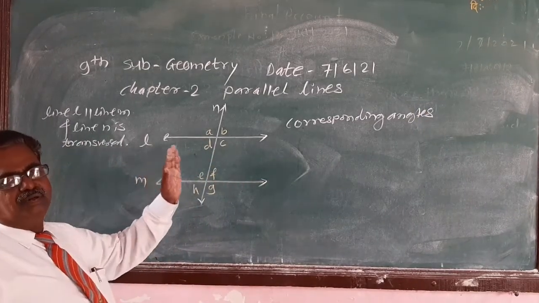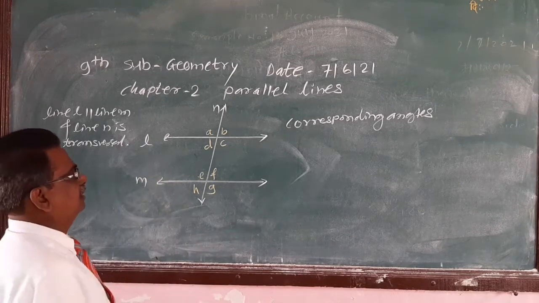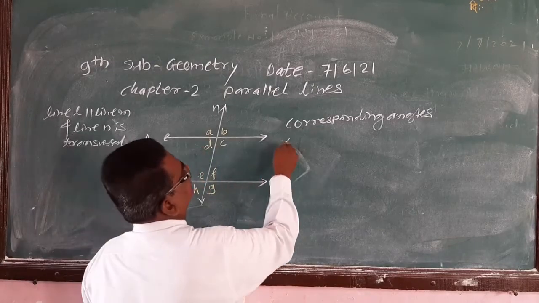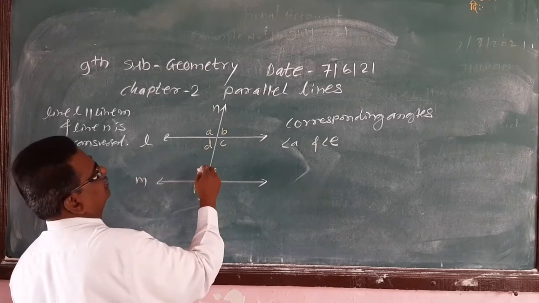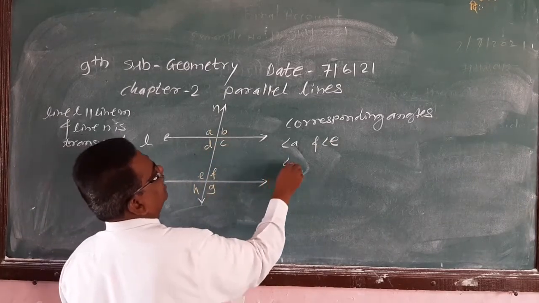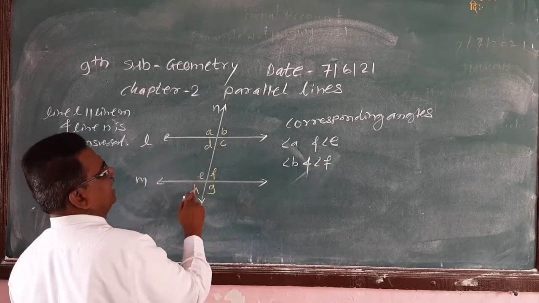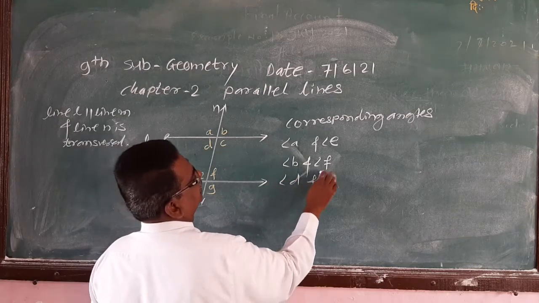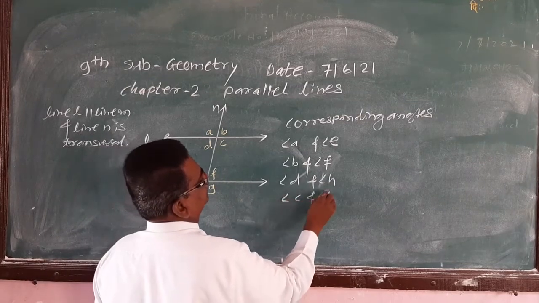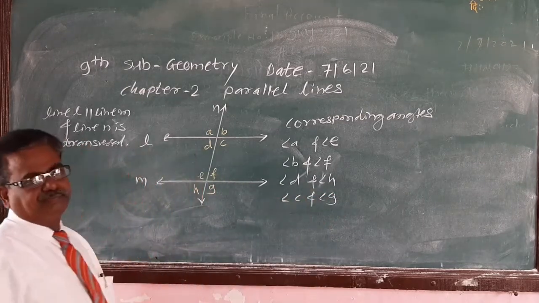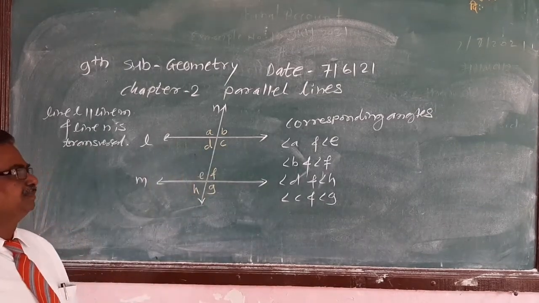Angles which are on one side of the transversal, that is angle A and angle E. Also angle B and angle F. Also angle D and angle H. Angle C and angle G. Okay? These are the four pairs of corresponding angles.